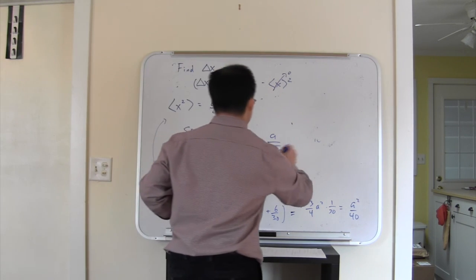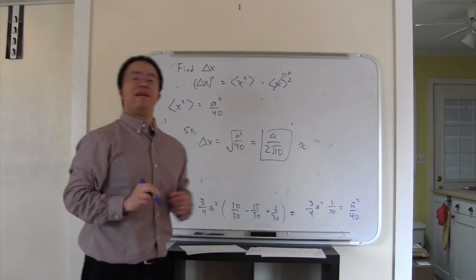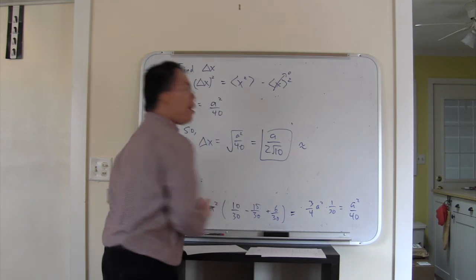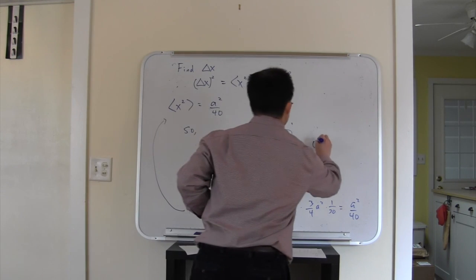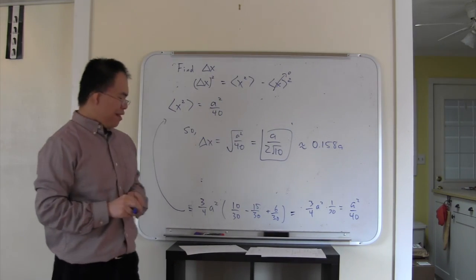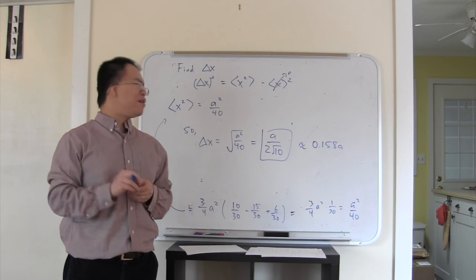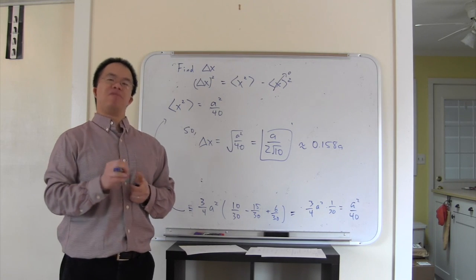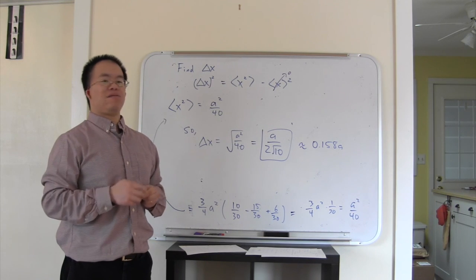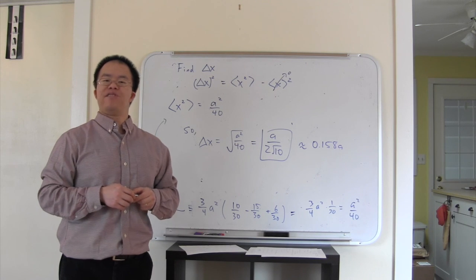If you plug that into a calculator, what you'll find is that this is approximately equal to 0.158 a. And thinking about that seems kind of plausible, right? It should be considerably less than a over 2, from looking at the shape of that probability density function.